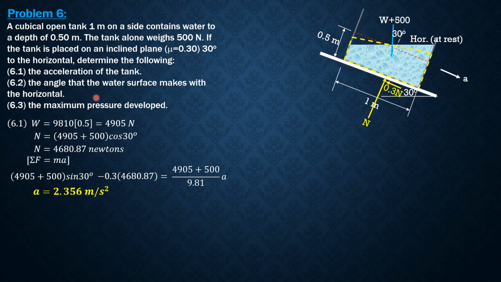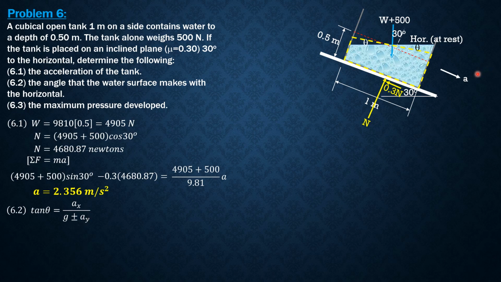For the second question, the angle that the water surface makes with the horizontal. So that's the angle here between the horizontal surface and this yellow dashed line. So I'll call that theta, and the formula, remember, tangent theta is ax over g plus minus ay. So tangent theta equals, this is theta, this is also theta, horizontal and the yellow dashed line, ax over g plus minus ay, where ax is 2.356 cosine 30.